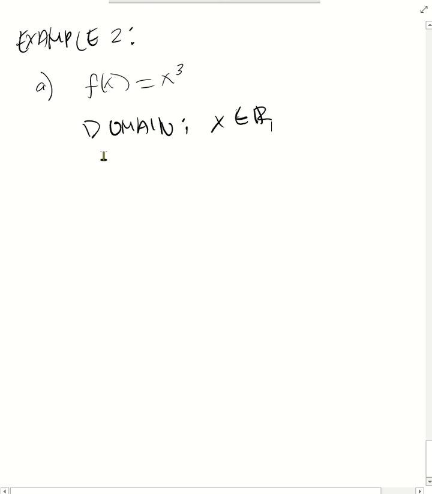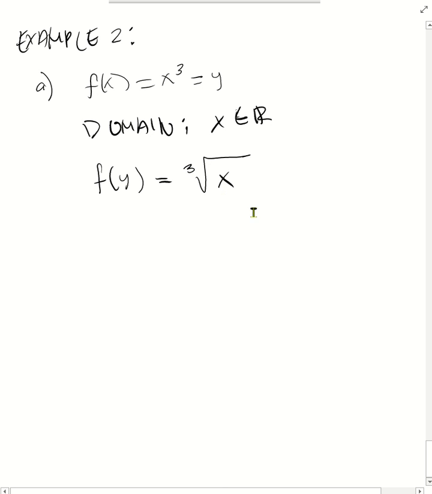The range, how do you solve for the range? We can take the inverse of this one. So what will be the inverse? So f of y, so this is equal to y, f of y will be equal to the cube root of x. Now, this is a radical or irrational function, but take note that the index is 3.